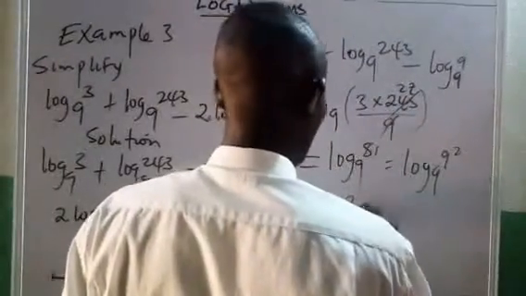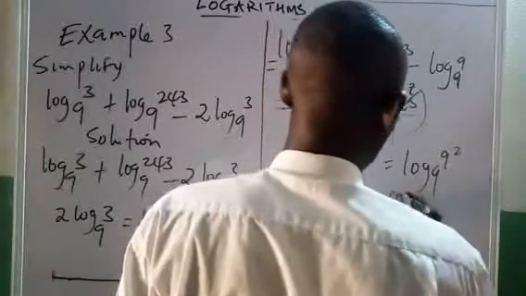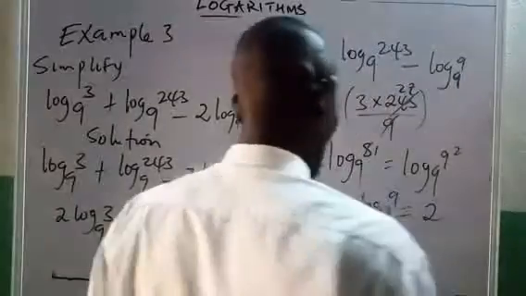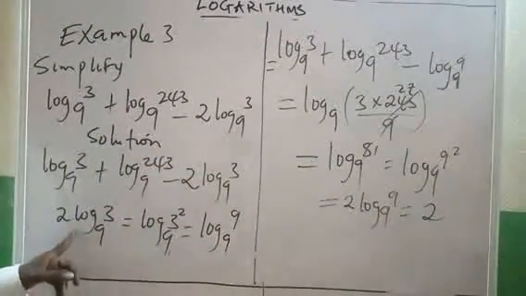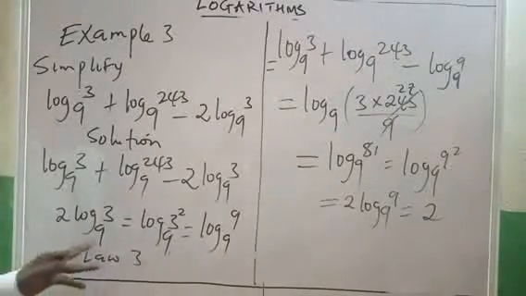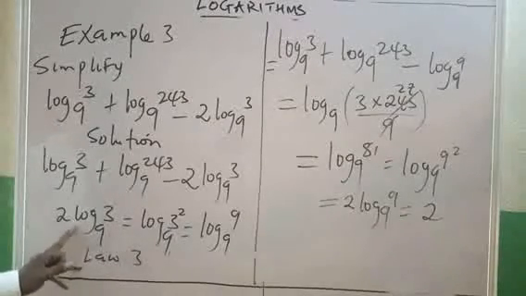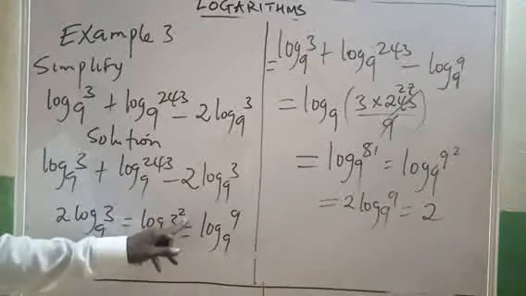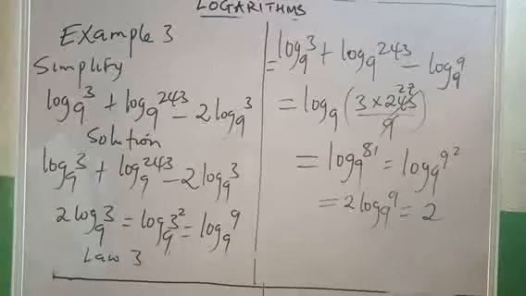This is equal to 2 log 9 base 9, which is the same thing as what? As 2. So look at what I did here. First of all, I expressed this based on log 3. Remember your law 3. Based on law 3, the 2 will move here to become 3 raised to the power of 2. And that is the same thing as 9.